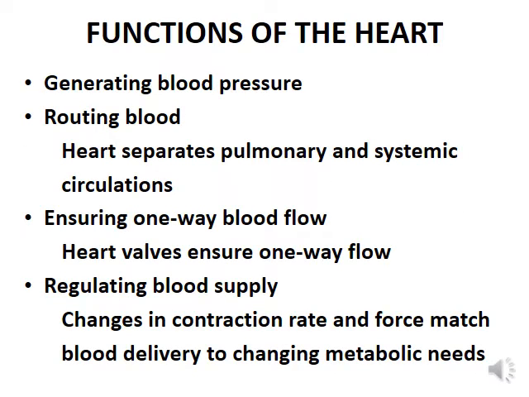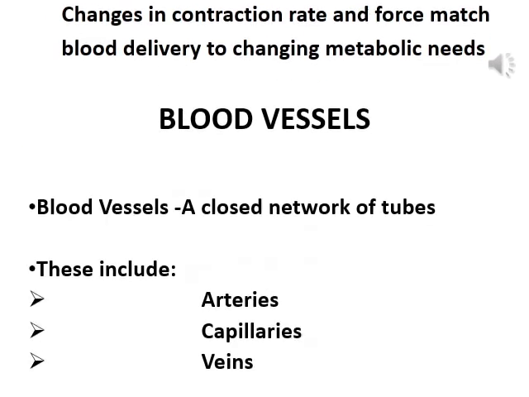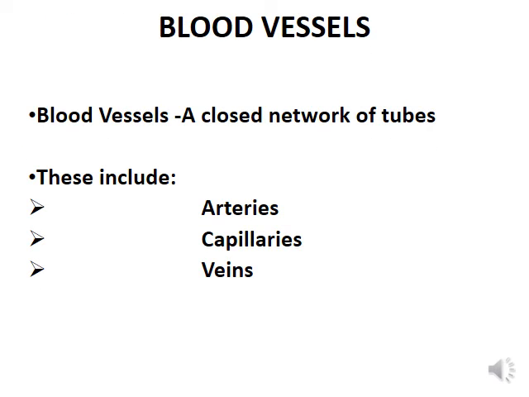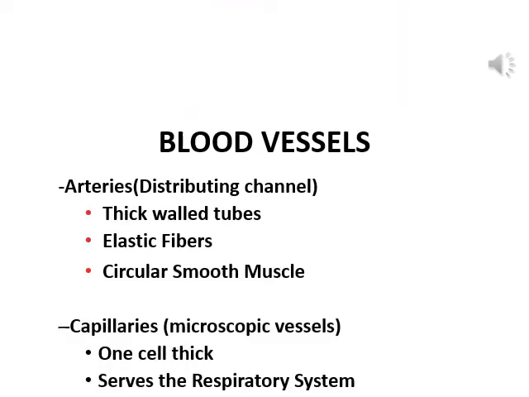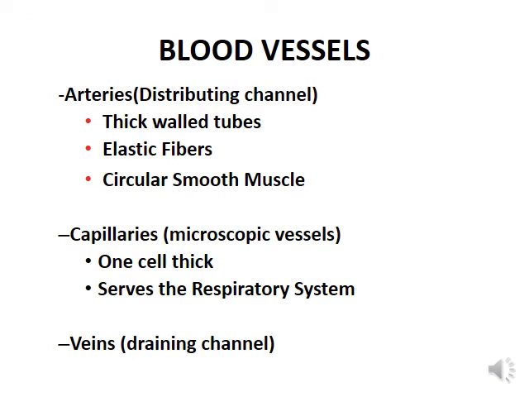So we talked about the functions of the heart and the associated blood vessels. We talked in outline about the arteries, the capillaries, and the veins. But we should notice that the blood vessels are a closed network of tubes. The arteries are the main distributing channel. They take blood away from the heart.